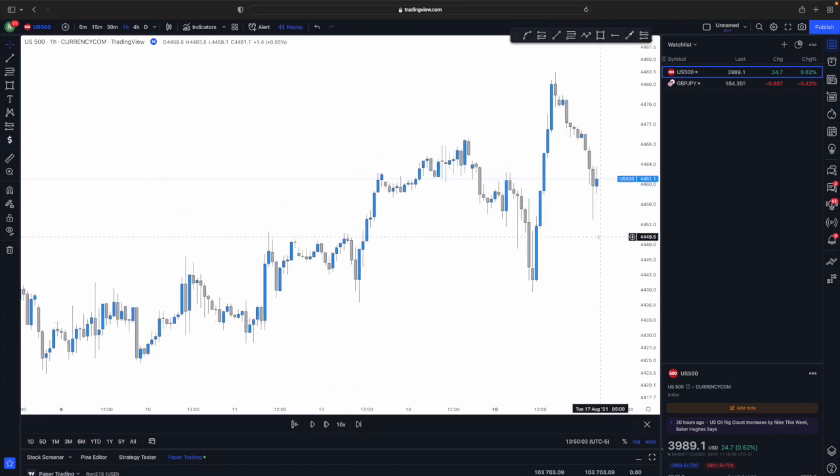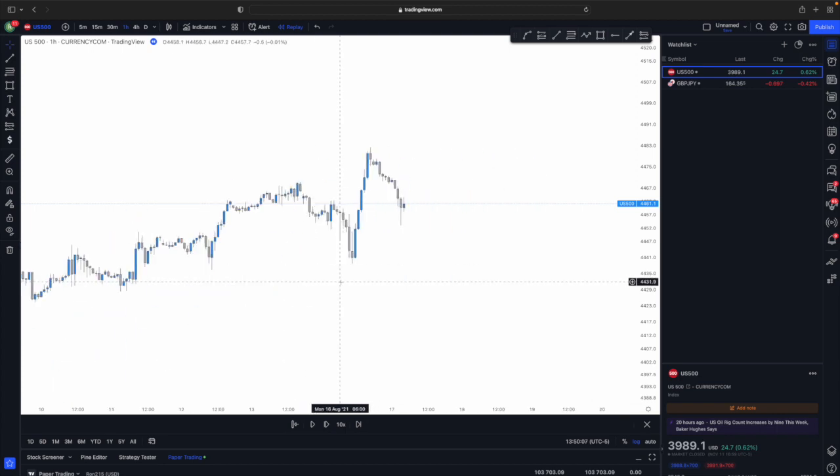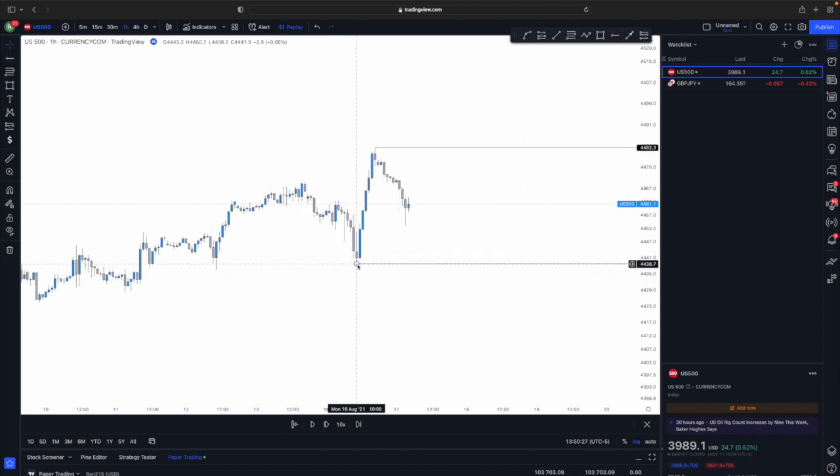All right, so this is what we have so far. First things first, you want to make sure that you have a bias, some type of idea on where the market wants to go, right? You need to make sure that you have a bias and understand liquidity. We obviously have a high and a low here, so we have two liquidity points, this low and that low.